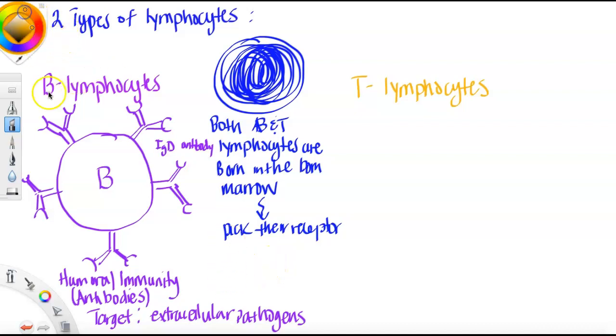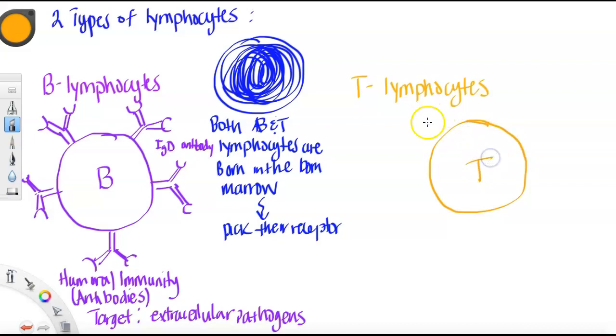T lymphocytes, these look like, here's this, and T lymphocytes have this little different looking receptor. This is called a T cell receptor. And the T cells are part of the cell-mediated immunity.